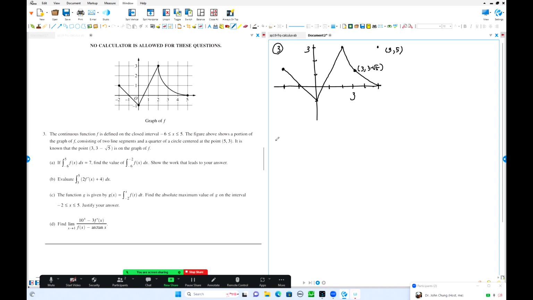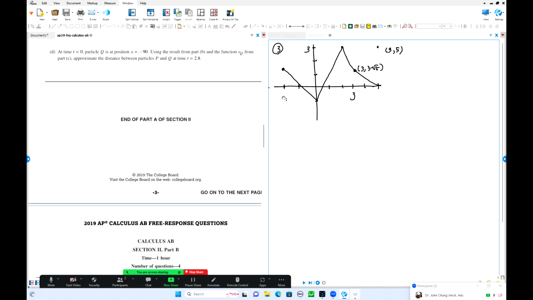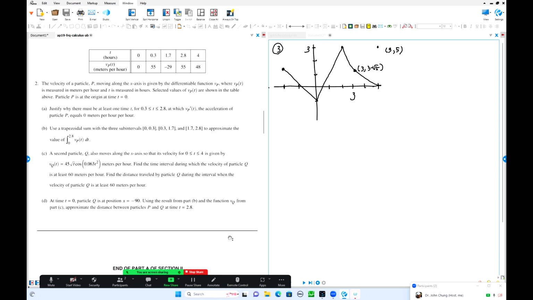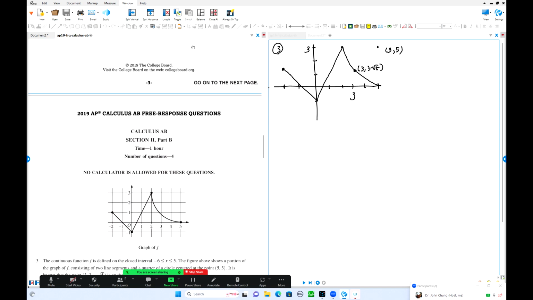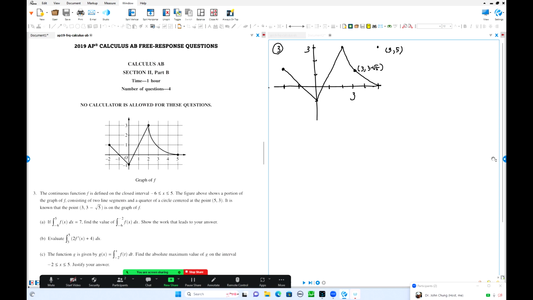Negative 6 here, we don't know. Up to 5 over here, up to 5 altogether. From here to here, from negative 6, the area is 7.